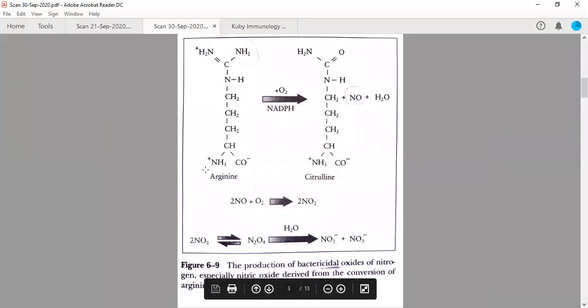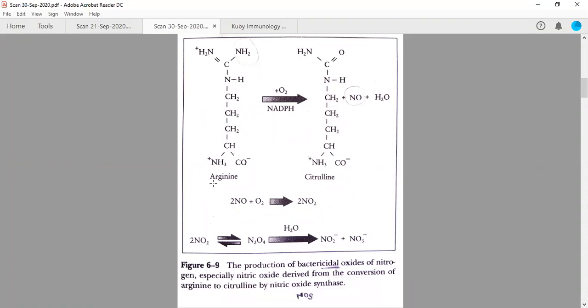All right. Generally, all the reactive nitrogen species are formed from the amino acid arginine. Arginine has this nitrogen group, or amino group, which is called the guanidino group, right? This will be converted into nitric oxide, which is toxic.